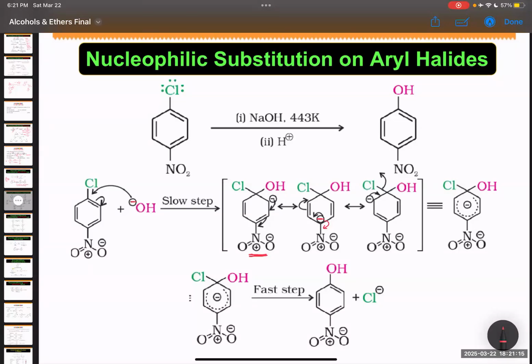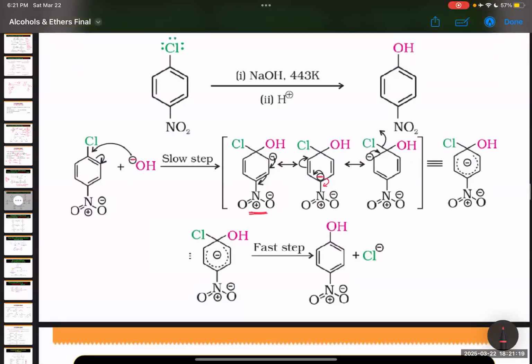But the group needs to be at the ortho and para position. Then only it can happen. Got it? So then what happens? You need to get back to the aromatic ring complete with 3 double bonds. So this minus is going to come again and it will eject this chloride ion, and you are going to get this. Got it? This is going to be an easy, fast step, because the aromatic character is being resumed.